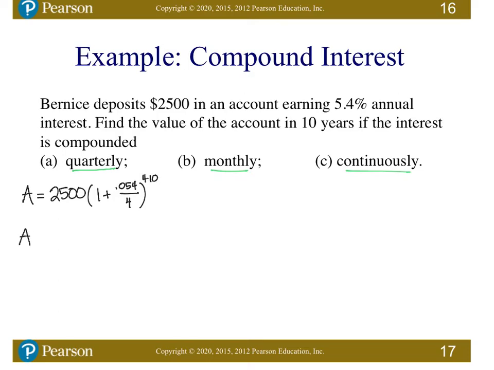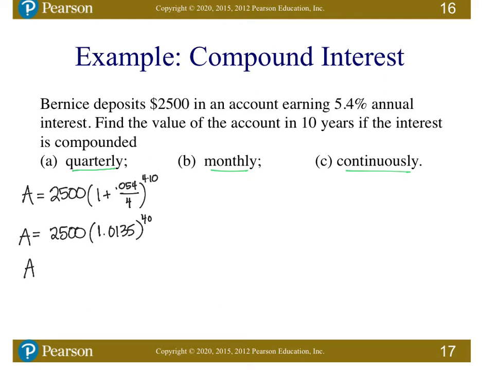I'll use my calculator to evaluate it. If you want to clean this up a little bit, you could say this is the same as 1.0135, and then the power is 40. It's just up to you whether you want to simplify the inside of the parentheses and the power. Then we'll use our calculator to evaluate this.